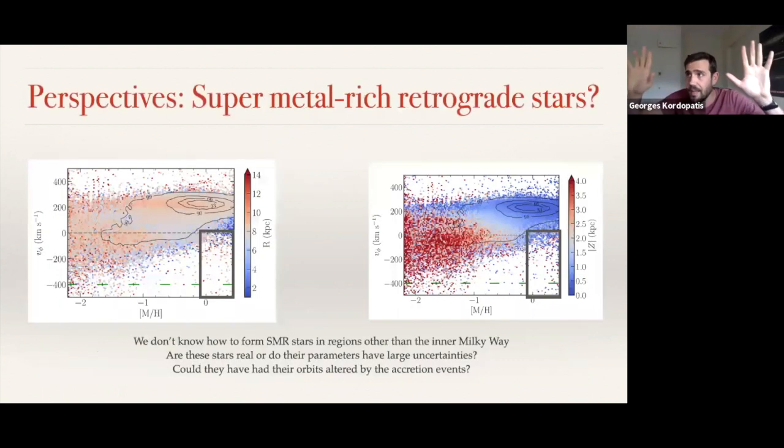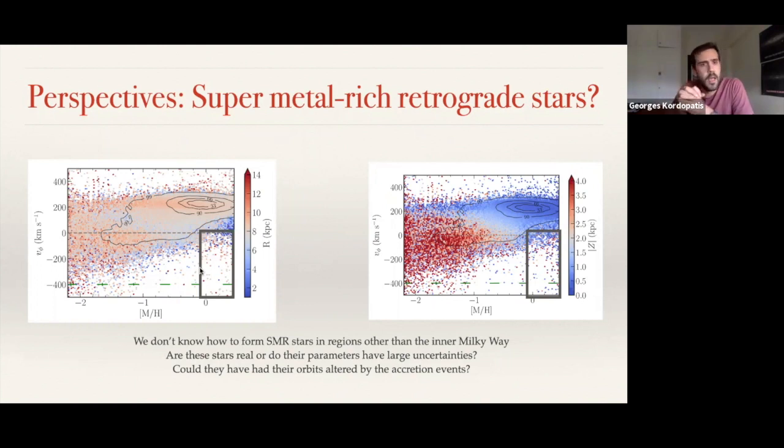Very briefly, let me also open the discussion on something I highlighted during my work, which are the super metal-rich retrograde stars. These are extremely puzzling because, as I told you, retrograde stars cannot in principle be formed locally.